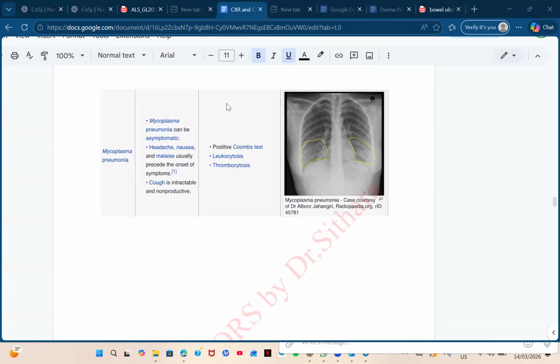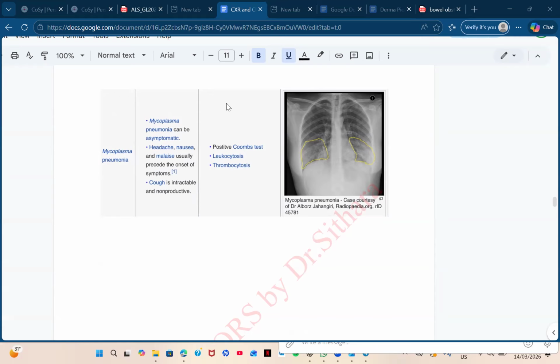Good. So where can we specifically see diarrhea, doctors? Yes, diarrhea in Legionella cases, right? Now tell me, what is the treatment of choice for atypical pneumonia in general?